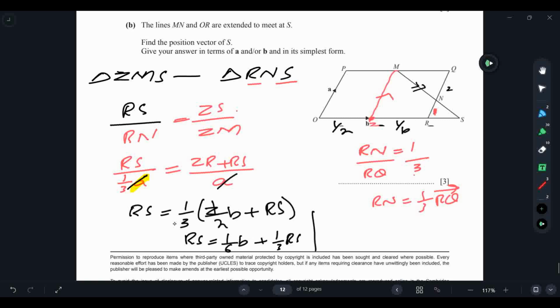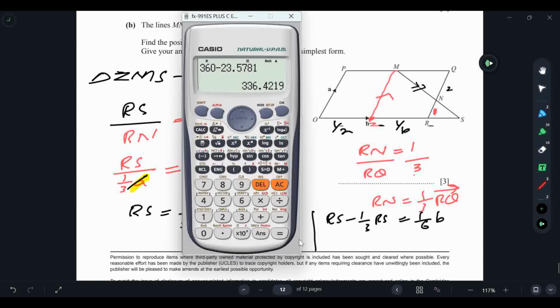Now if we cross multiply it, RS minus 1 by 3 RS is equal to 1 by 6 B. 1 minus 1 by 3 will be equal to 2 by 3.